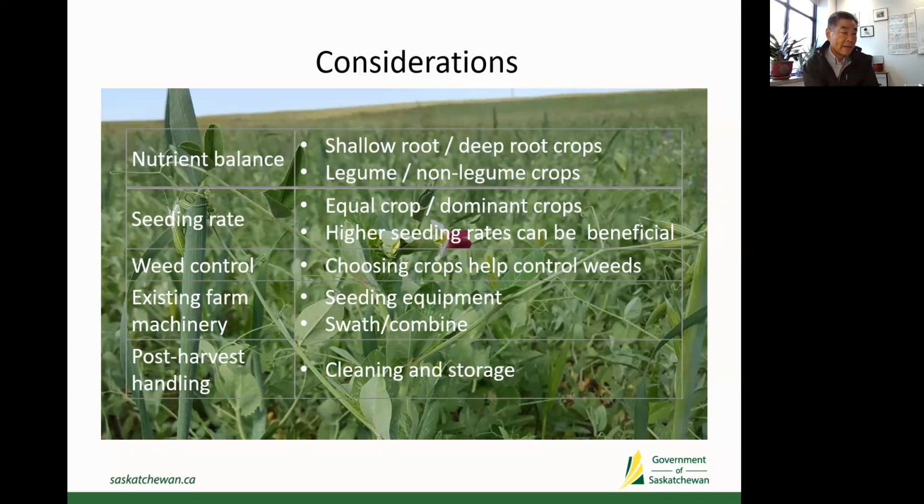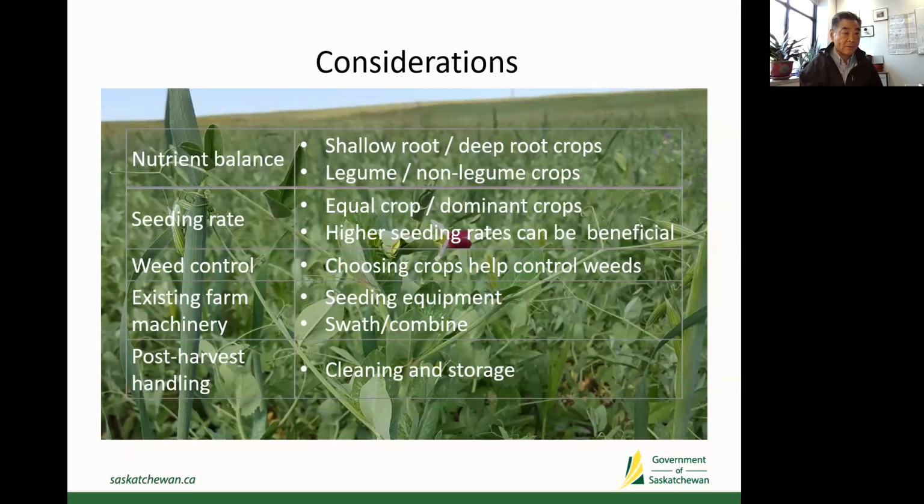And when you select those crops and seeding practices, try to think about choosing those that fit your existing farm machinery, like seeding equipment, swathers, or combines.